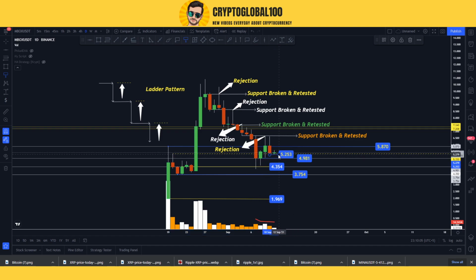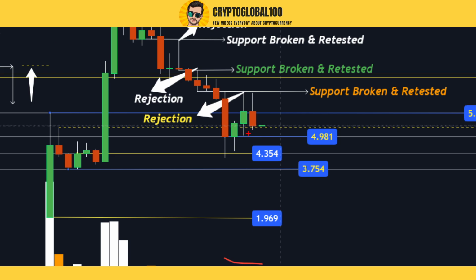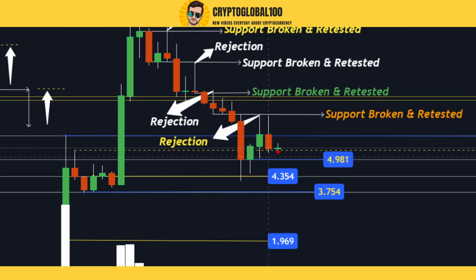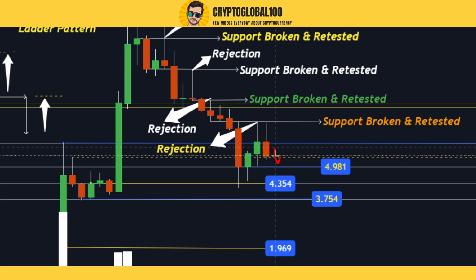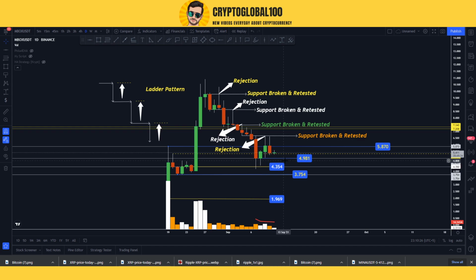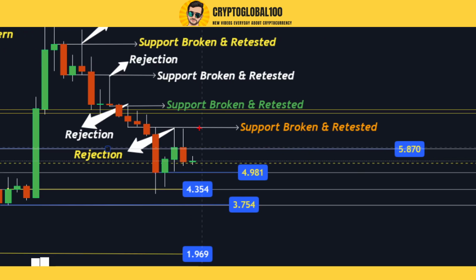So what I think is, as no new low support is formed and it is now going in the upward direction, we might consolidate for a few days at this area. Until and unless it breaks the 5.18 barrier, or you can clearly see the previous swing high, this is the previous swing high.